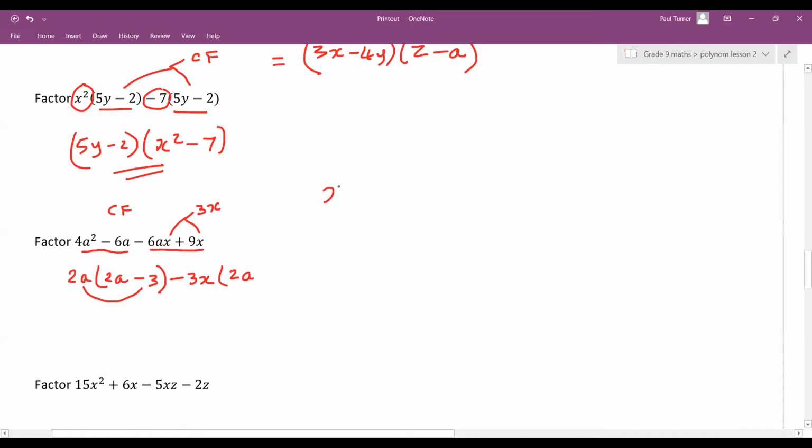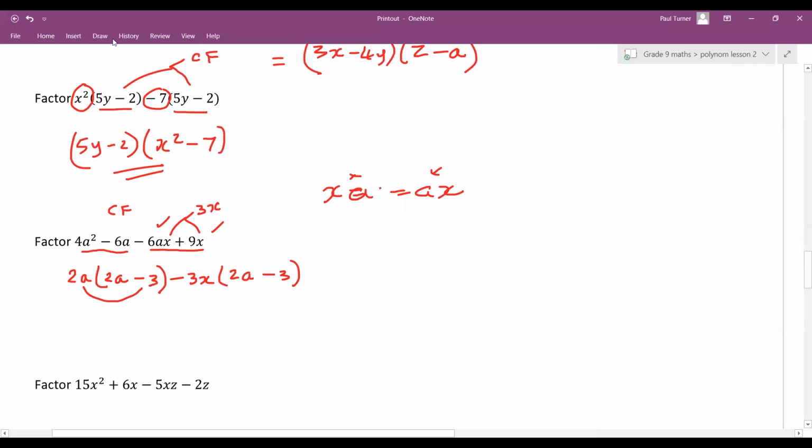Ax and xa is the same, isn't it? So xa equals ax. Multiplication can be swapped around. So then this term would be minus 3. Minus 3x times minus 3 is plus 9x.